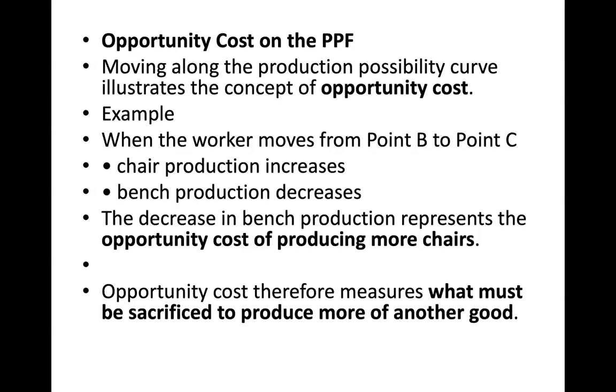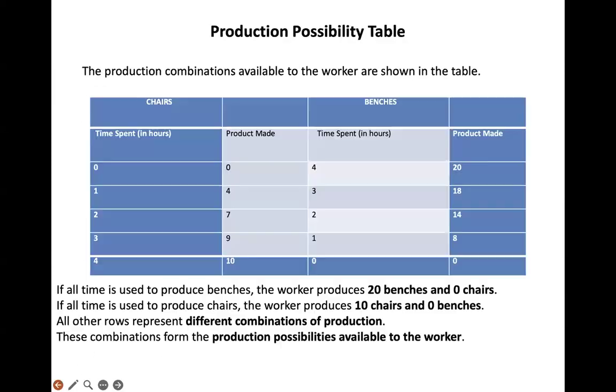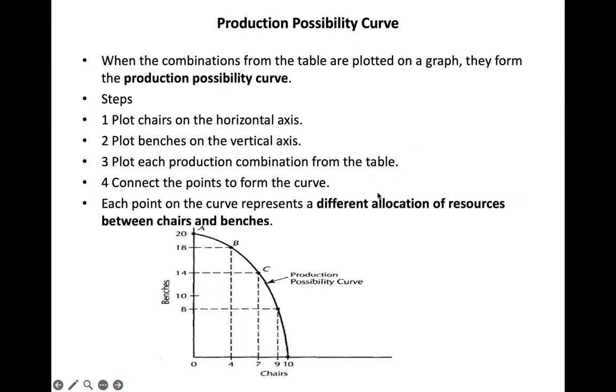Is that clear? Any question? Hello, sir. Please, I have a question. Can you please go back to the previous slide, the graph, sorry. You said the opportunity cost from B to C is 18 to 14, that is 4 additional benches.